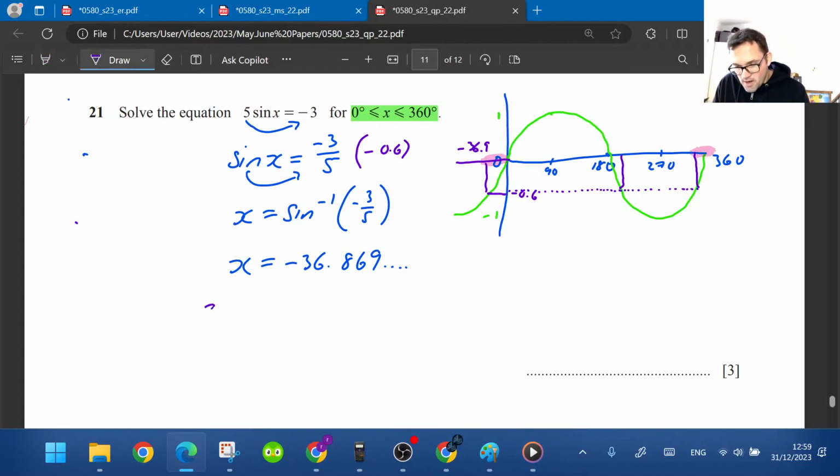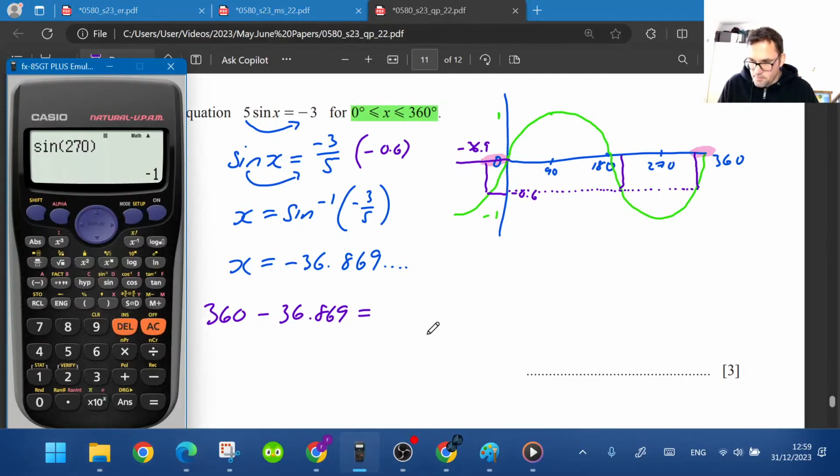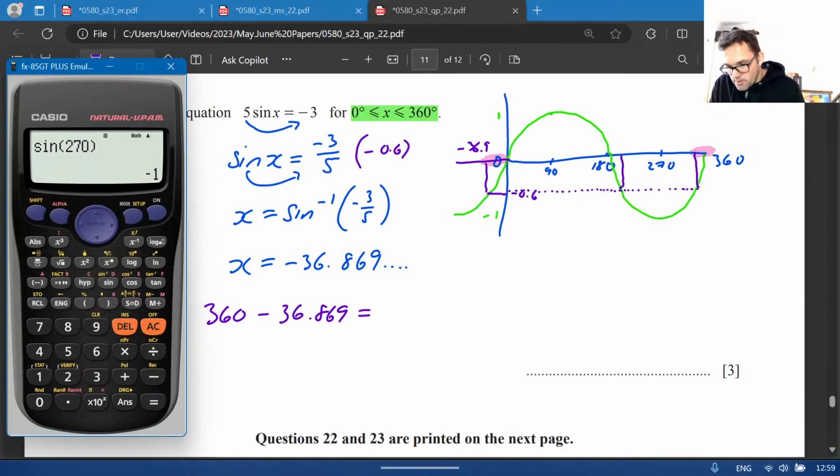Meaning we can find another answer by subtracting 36.869 from 360. Let's check if we're right. 360 minus 36.869 is 323.131.